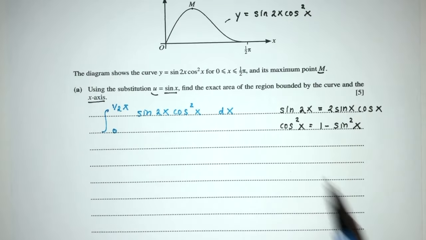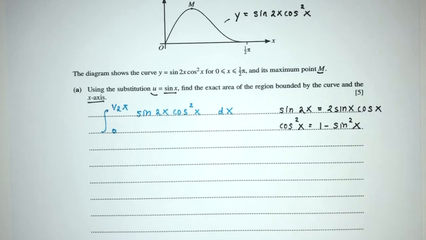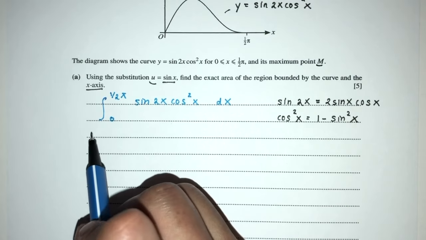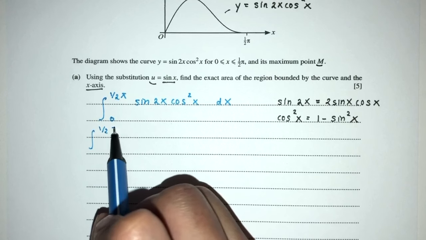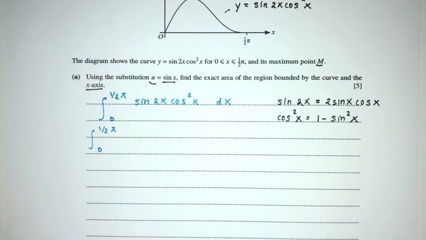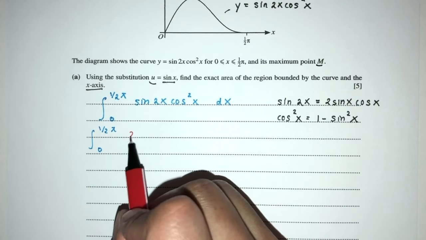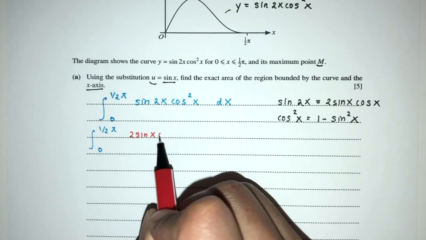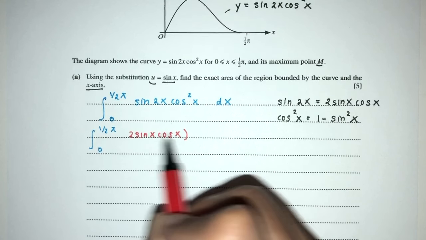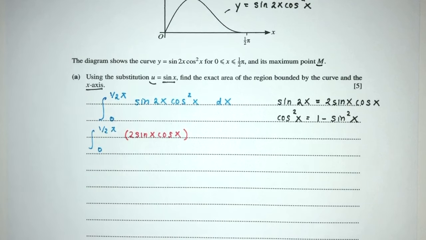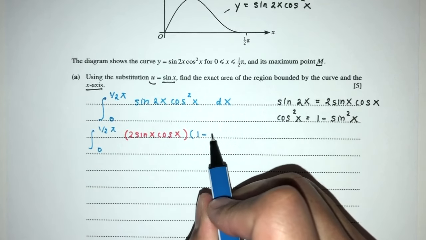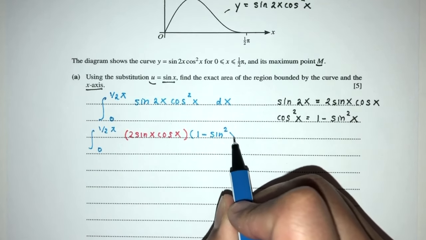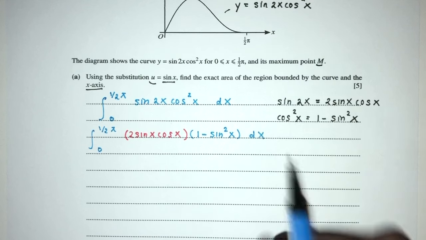Now let's replace the values in the equation step by step. The integral stays the same. Now replace the first one: sine 2x will be 2 sine x cos x. Then multiply by cos squared x, that will be 1 minus sine squared x, dx.